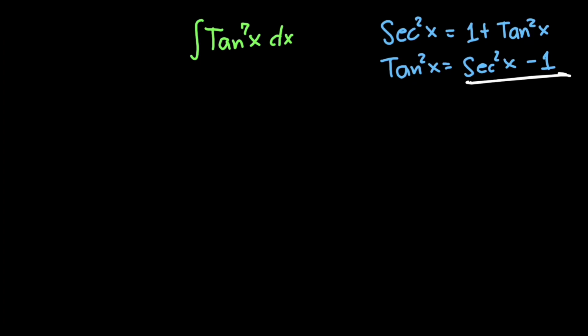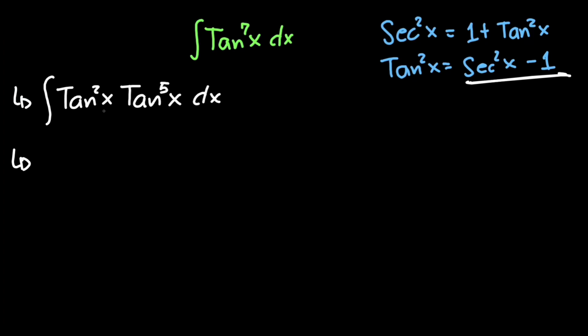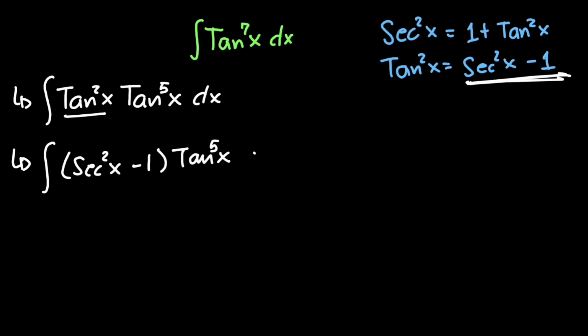The integral of tangent to the power 7 of x. As usual, let us first factor out one tangent squared of x and multiply it by the rest, which is tangent to the power 5 of x. And so transform tangent squared of x with its identity here, which would be secant squared of x minus 1, multiplied by tangent to the power 5 of x.